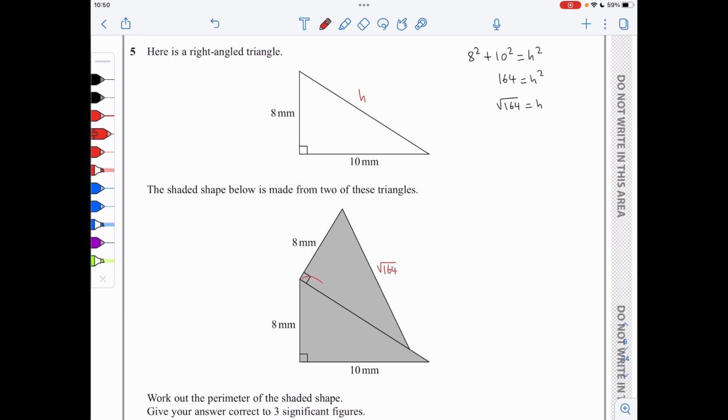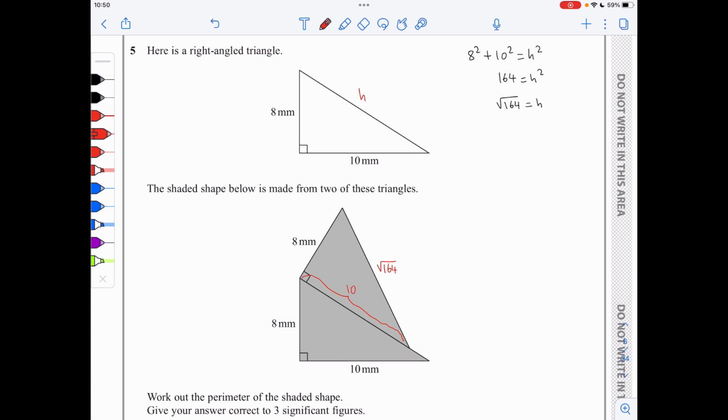Now, this part here is 10 millimeters, and this part here is the hypotenuse again, root 164, which means that the remaining part, the small part here, is root of 164 minus 10.